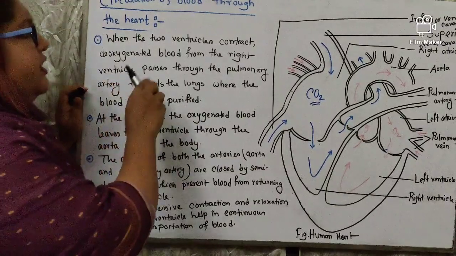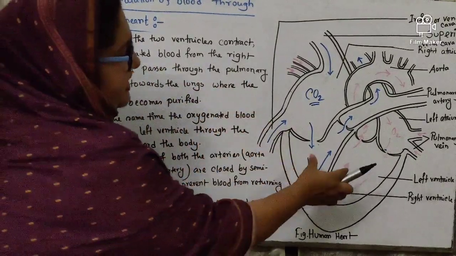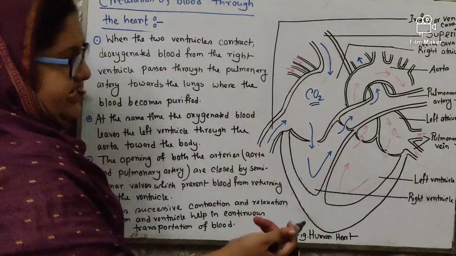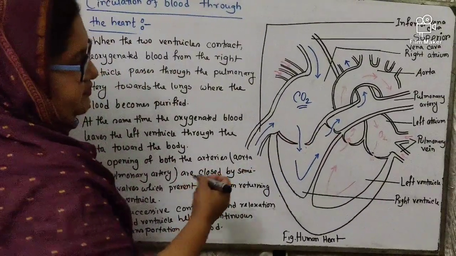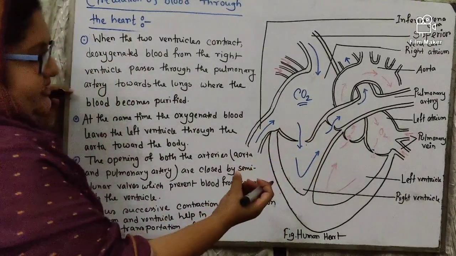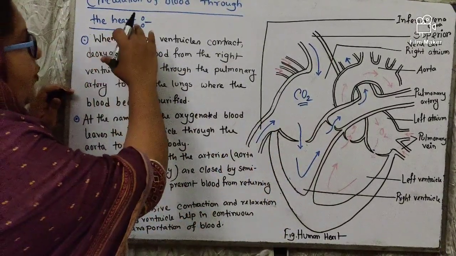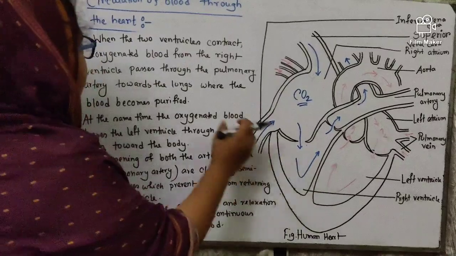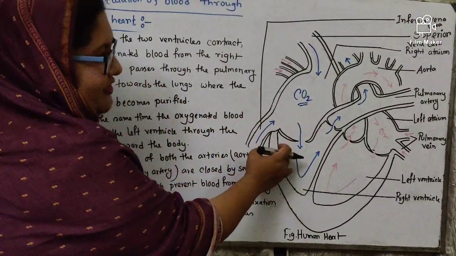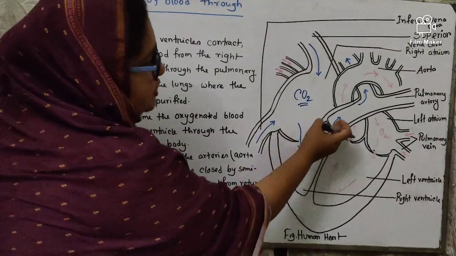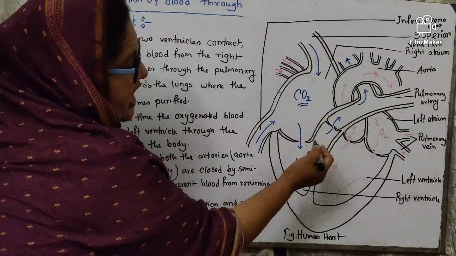Now, when the two ventricles contract, that means the ventricles that are containing the carbon dioxide enriched blood and the oxygen enriched blood are contracted. Okay, so when the two ventricles contract, the deoxygenated blood from the right ventricle enters into the pulmonary artery.